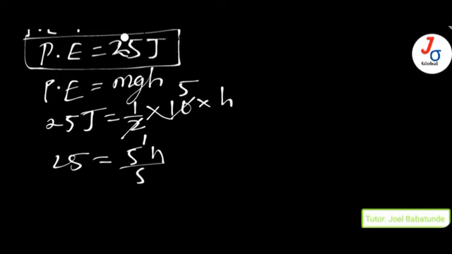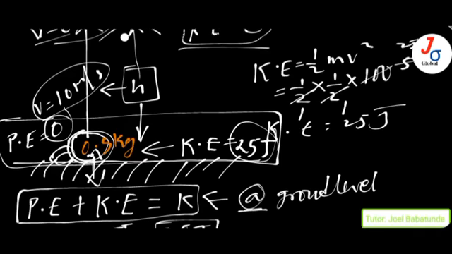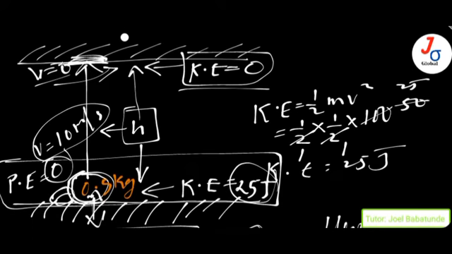Dividing both sides by 5, the 5 cancels out, and so h equals 5 meters. So the height at which this stone gains a potential energy of 25 joules is 5 meters high. Okay, good.